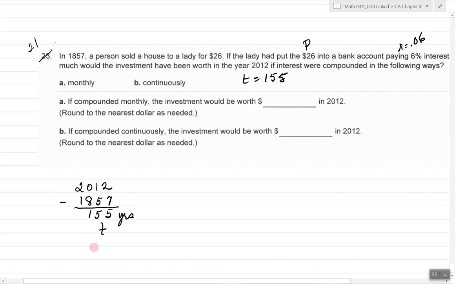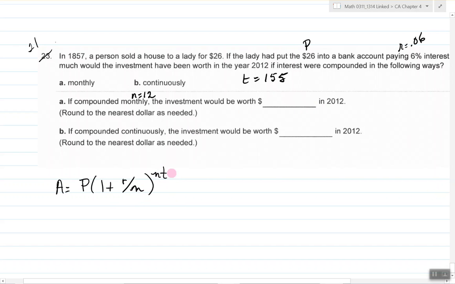All right, compounded monthly, n is 12, the investment would be worth blank. So let's see. A is equal to P times 1 plus R over N raised to the NT power.